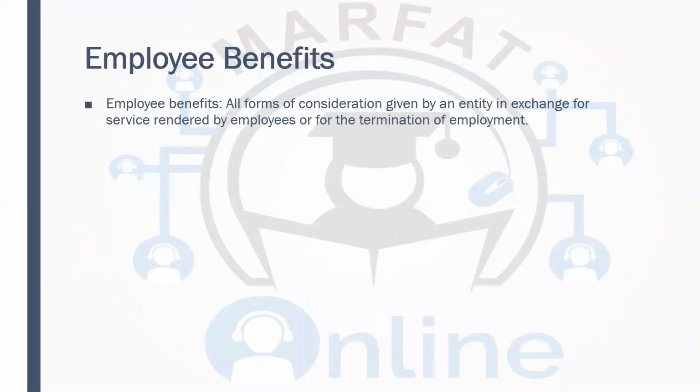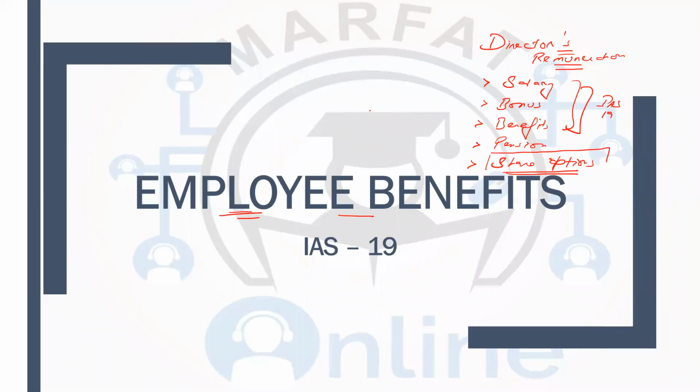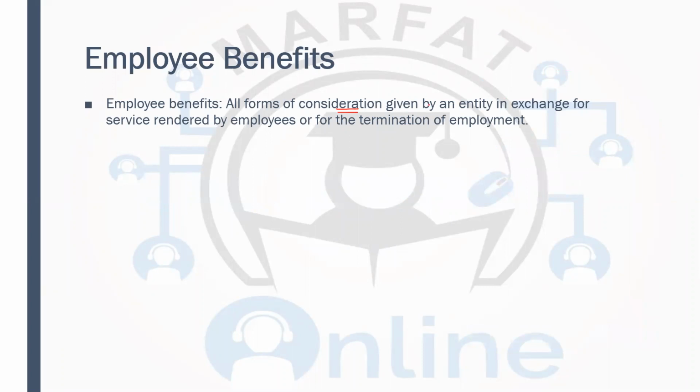So IAS 19 defines employee benefits as all forms of consideration. And now you can understand all forms of consideration means it can be a salary, bonus, benefits, pensions. All forms of consideration given by an entity in exchange for the service rendered by the employees.